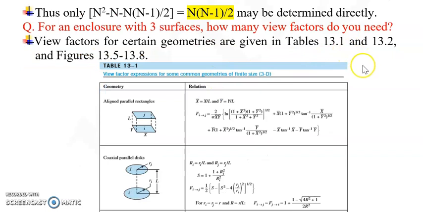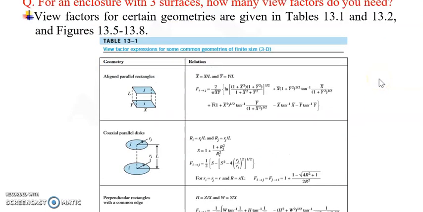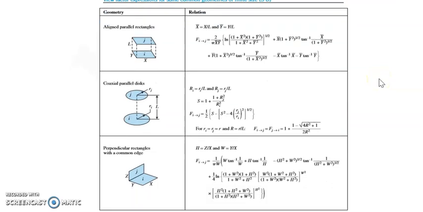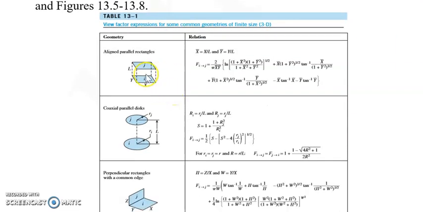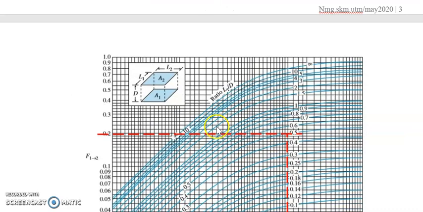View factors for certain geometries are given in tables 13.1 and 13.2 as well as figures 13.5 through 13.8. So here in this table, we have aligned parallel rectangles, the relation to get the view factor, coaxial parallel discs, and perpendicular rectangles with a common edge.